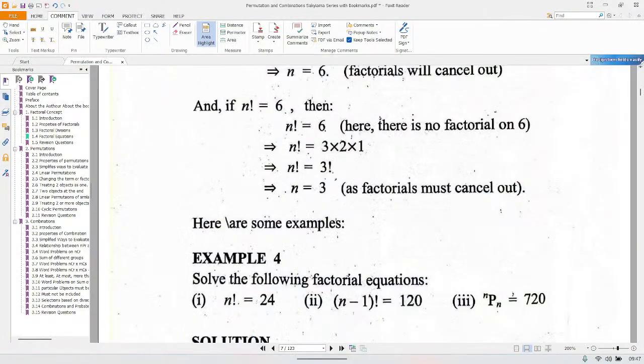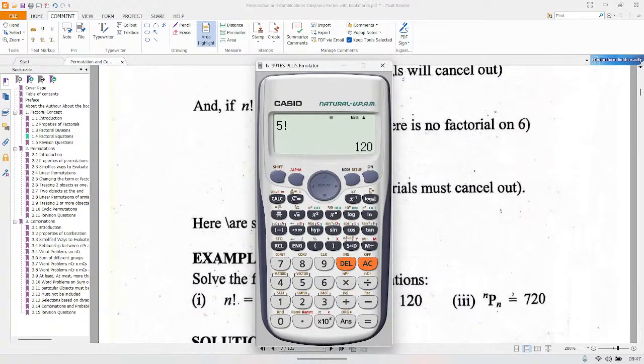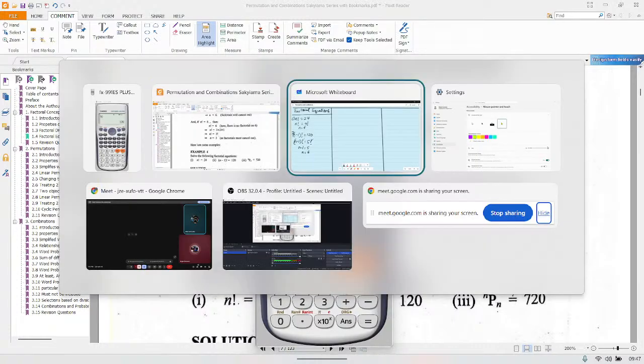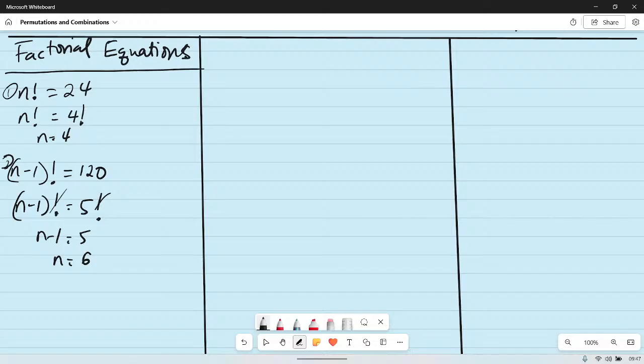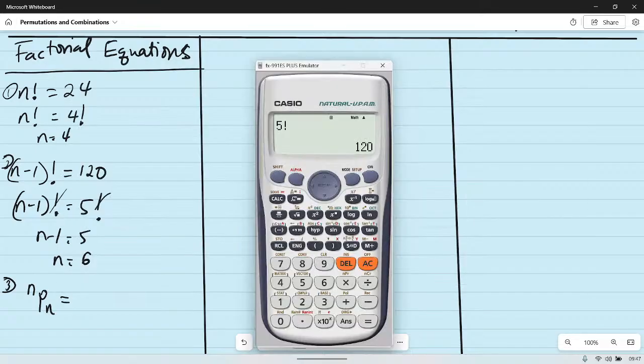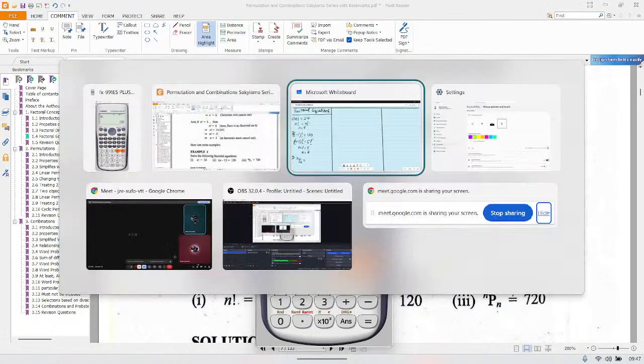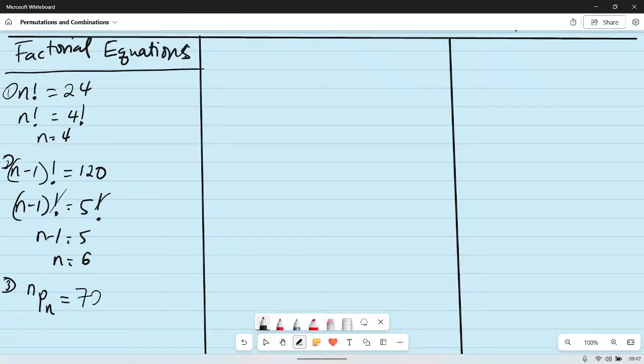Another one. Number 3: n permutation n equals 720. Now, how will you do this one?